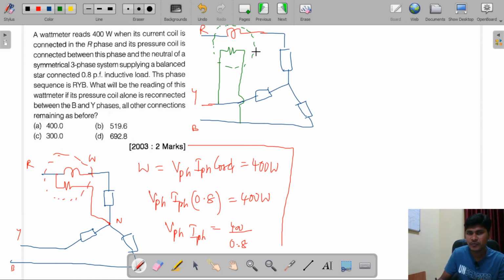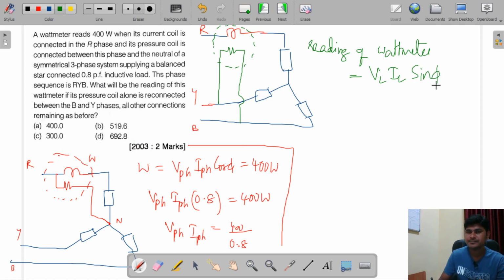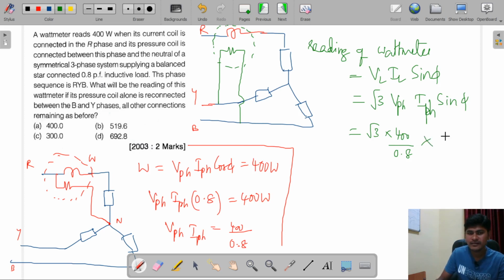What is the reading of this wattmeter? Reading of wattmeter is equal to VL IL sin phi, which is equal to, VL is nothing but root 3 V phase, and IL is equal to I phase in case of a star connected load, sin phi, which is equal to root 3 into V phase into I phase, which is 400 by 0.8, into sin phi.